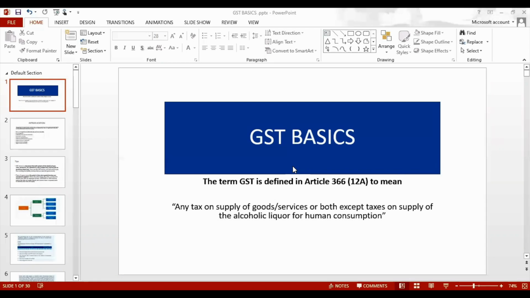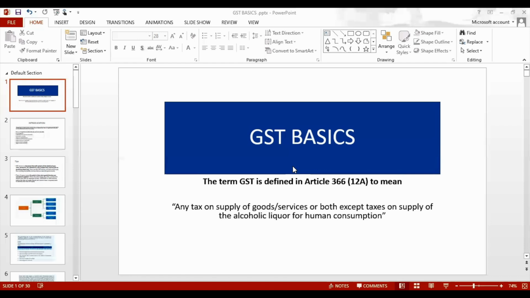From here, the article that defines GST will be shown. GST is defined in Article 366(12A). What does that mean? It is any tax on the supply of goods and services.